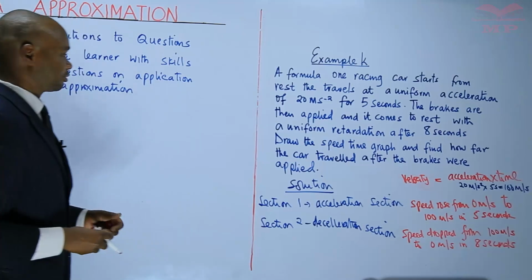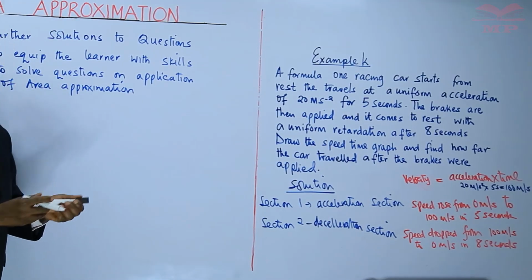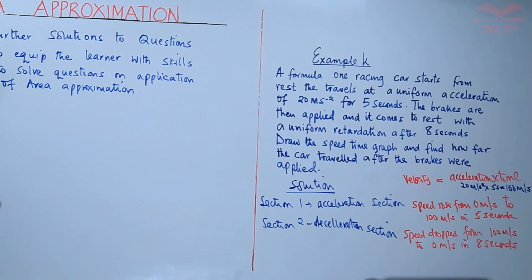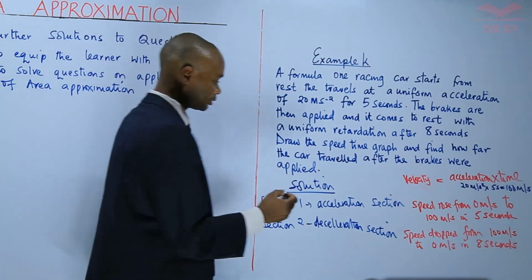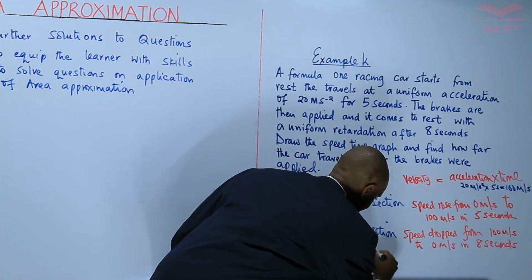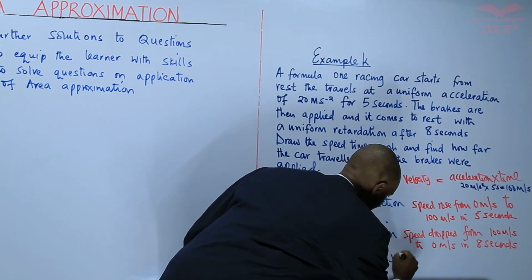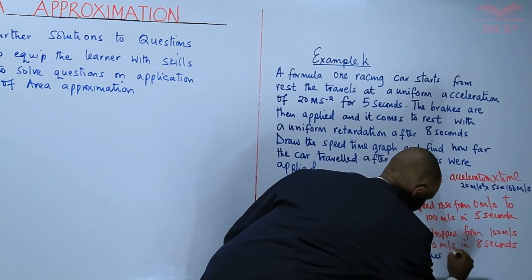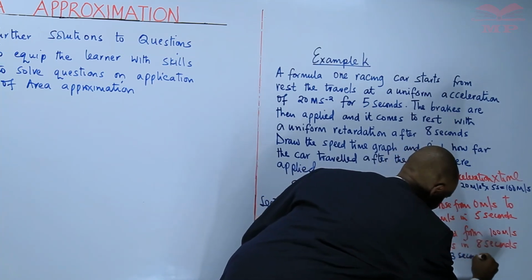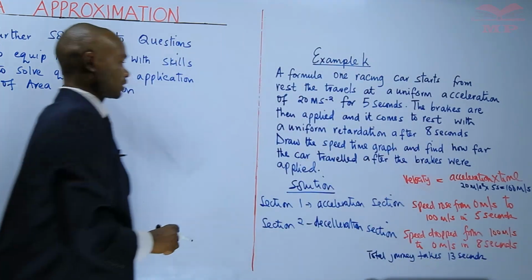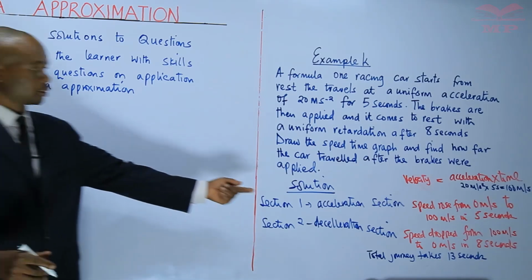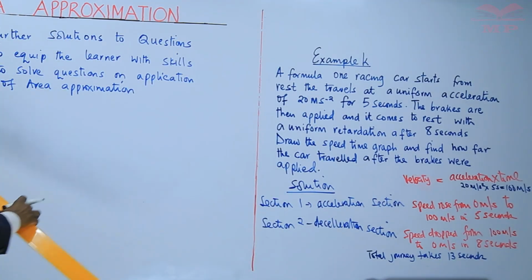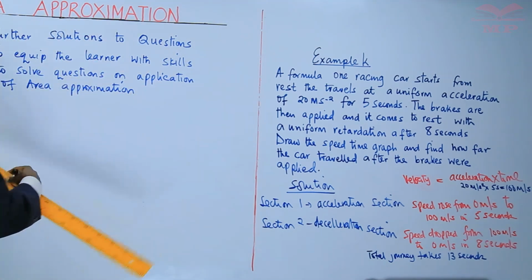After getting that information, it is now easy for me to plot a simple graph for the calculation. So the total journey, you can write, takes 13 seconds. You'll use this information to plot your graph.